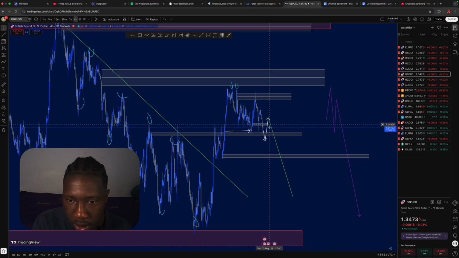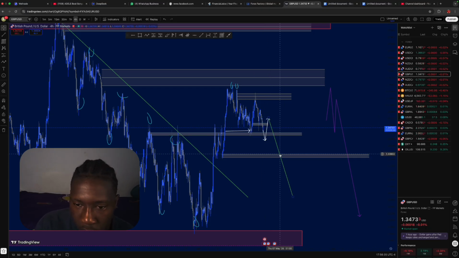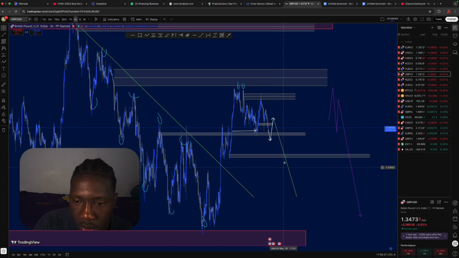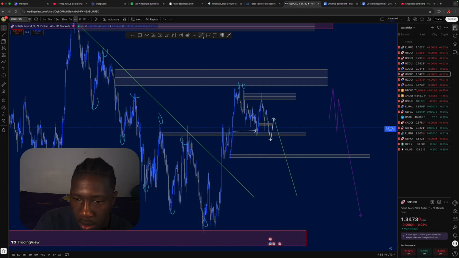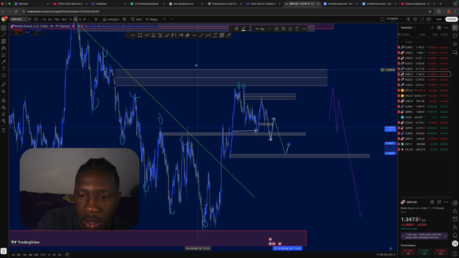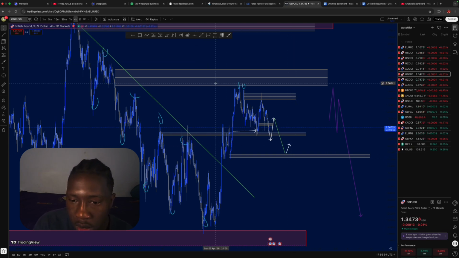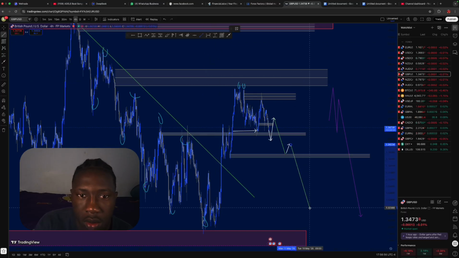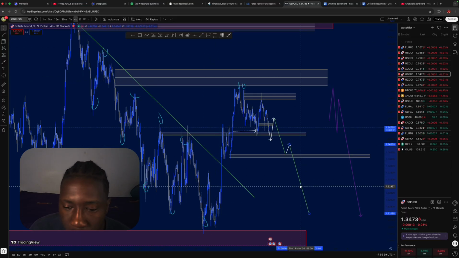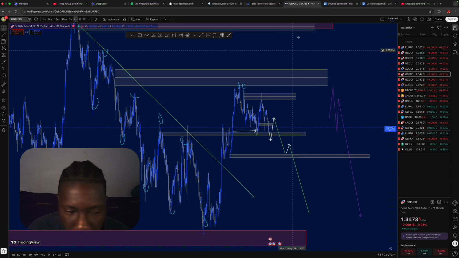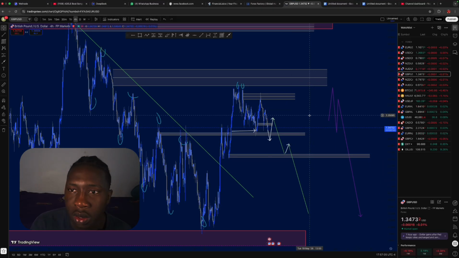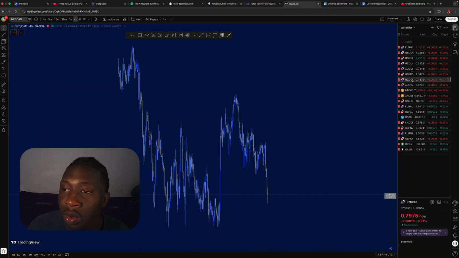So if the market is going to give me this, it will continue to this zone, and after that we are likely to get a pullback at this zone, and then a move to the upside at this zone, and a move to the downside at this zone. So yes, this is it for GBP USD.